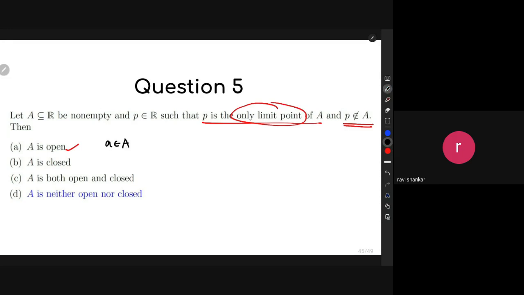So you can find an element in A such that, if A is open, you can find an epsilon neighborhood of a which is contained inside A. So there will be some B epsilon of a which is contained inside A. Now you can consider a sequence in this, like the sequence a minus 1 over n, which is inside B epsilon of a, and this will be converging to a.